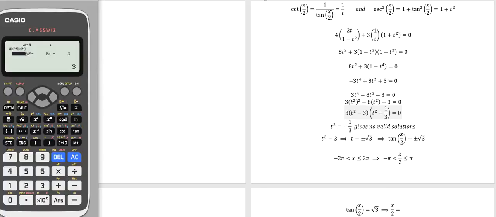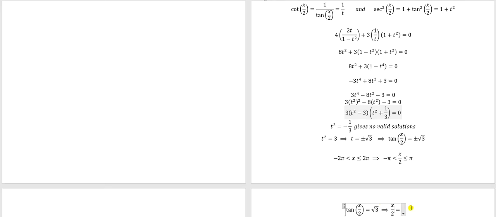Remember, the calculator can help you with this. Inverse tan of root 3 is a standard result, but if you are a bit rusty on that, or even if you just want to be doubly sure because you're in an exam situation, then I would highly encourage you to check with the calculator. Inverse tan of root 3 should give us 60 degrees or pi by 3 radians. So we can put x over 2 equals pi by 3.